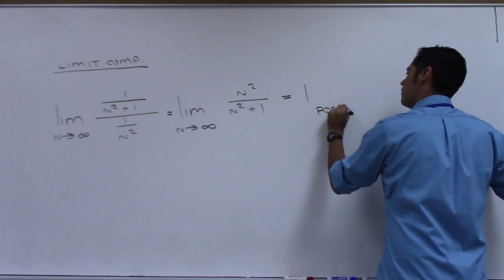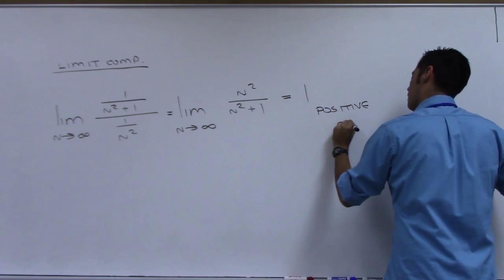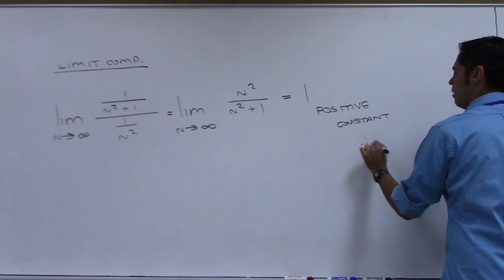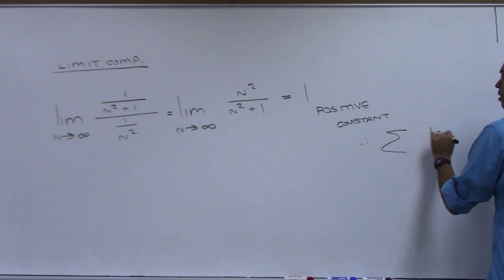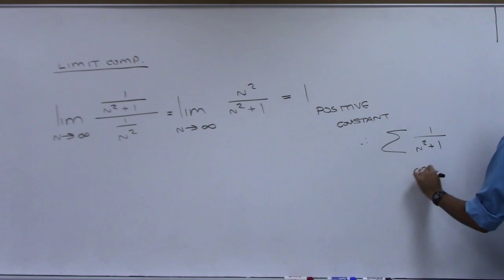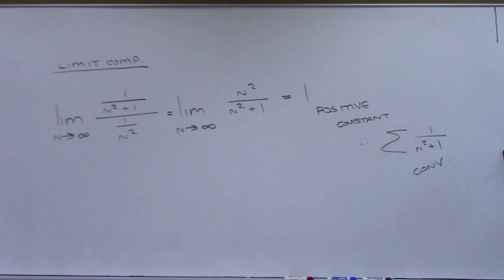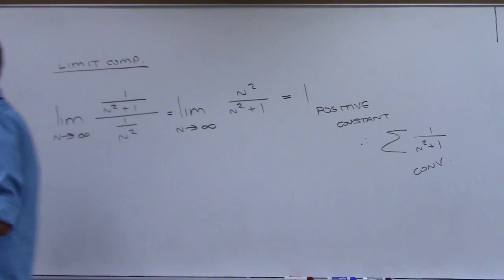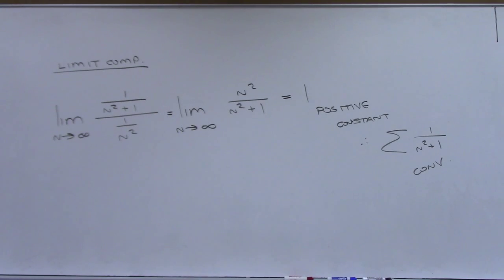Positive constant. Therefore, that sum 1 over n squared plus 1 converges. Which means what in the grand scheme of this problem? We do want 5/3 to be in our answer, right?